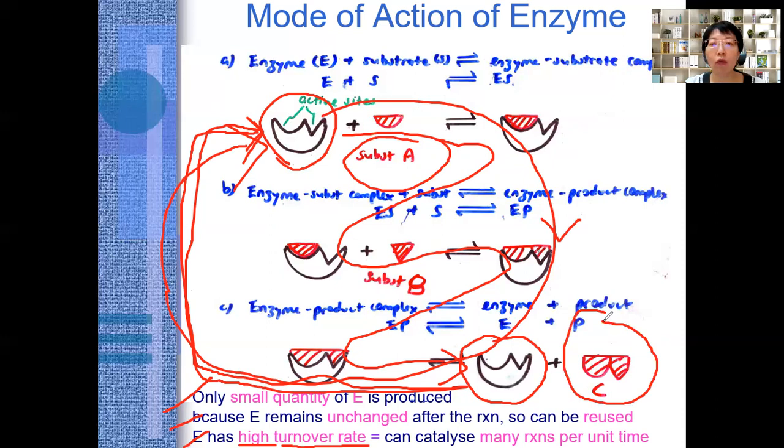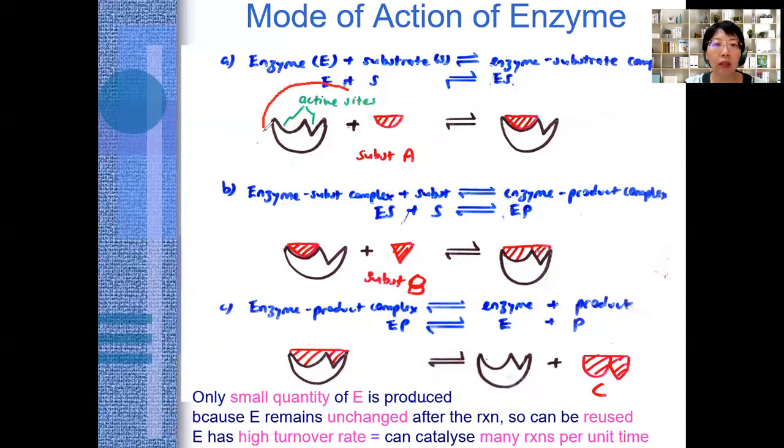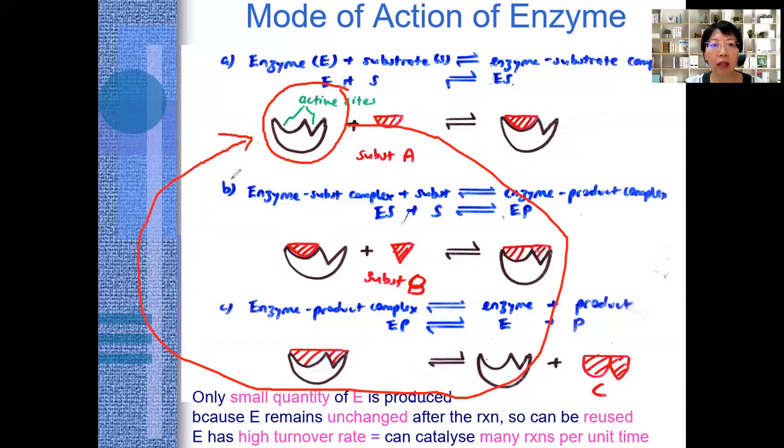It's called the turnover rate, because turnover means you have to start from the original state, which is no substrate, and after the process, you come back to the original state. Can you see you made one cycle already? So this is called turnover. So in one cycle, one reaction has happened. One reaction means one substrate converted to product.